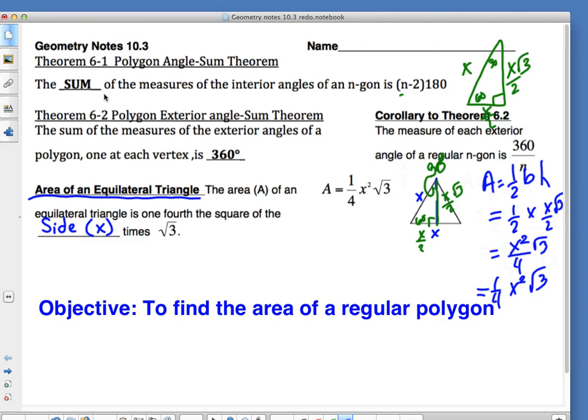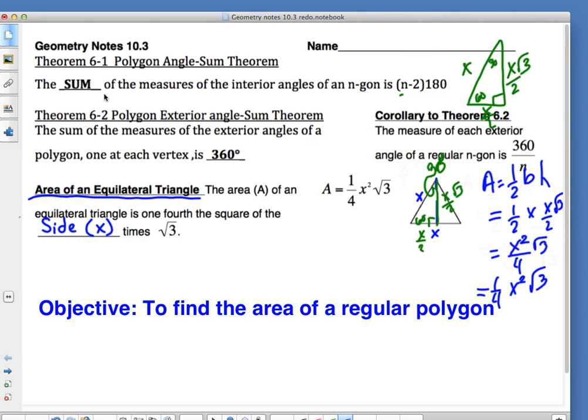That's where it comes from. I have just derived a formula we get to use as a shortcut. Completely, totally based on the fact that I use 30, 60, 90 triangles, because in an equilateral triangle, okay, I get to use that.